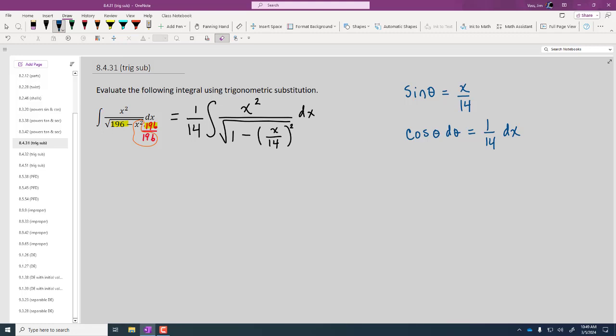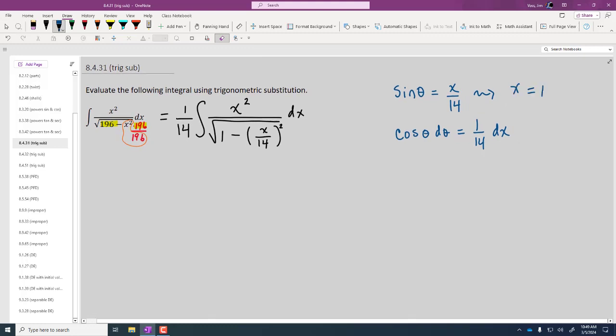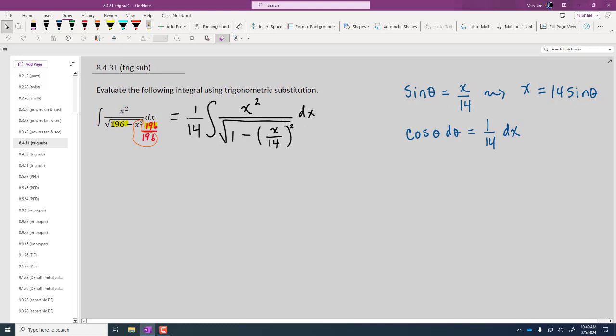And now we can substitute. If you need to, you can isolate the x if it's easier for you to write this before you do the substitution. You don't have to. Same thing down here: if you want to isolate the dx, you can by multiplying by 14. Doesn't matter.